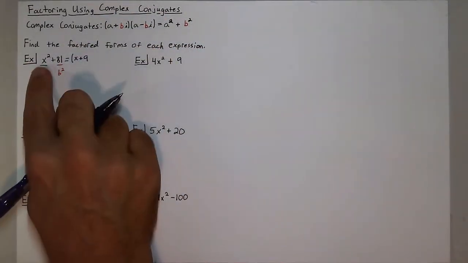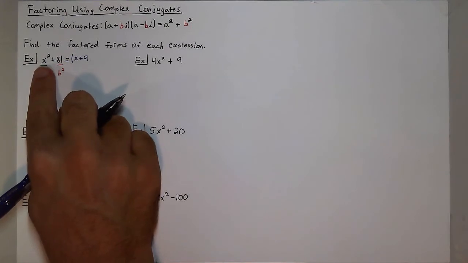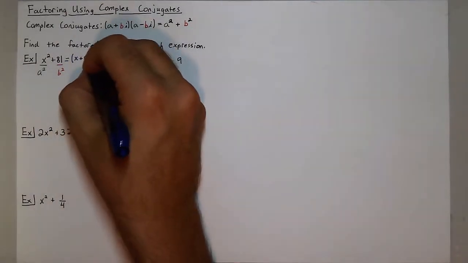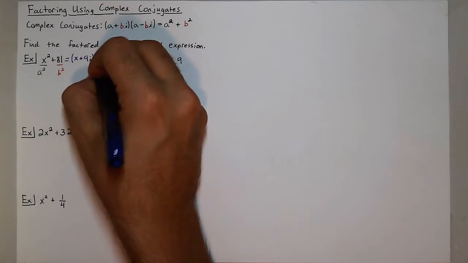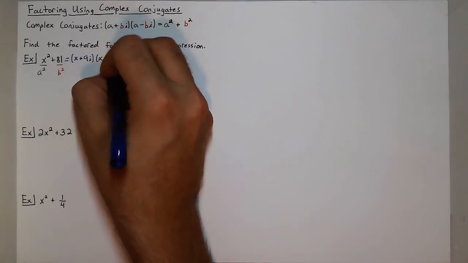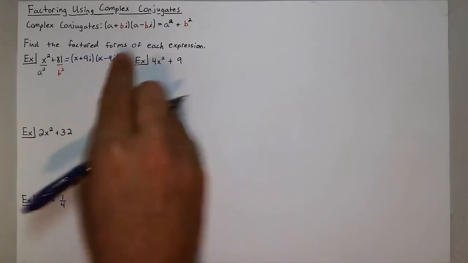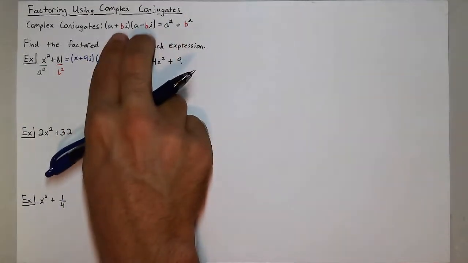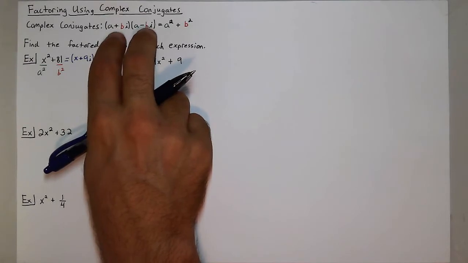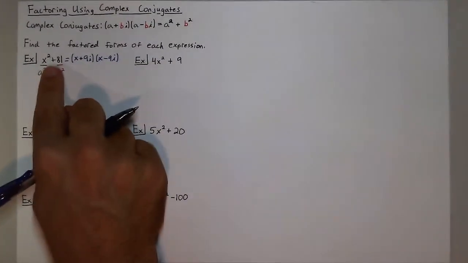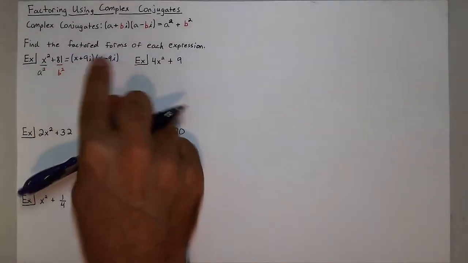But since this is a sum of squares rather than a difference, this will be 9i, and then the other factor would be x minus 9i. So they're still conjugates, but now they have this imaginary number. This looks very similar to difference of squares, but we just have an i on it instead.